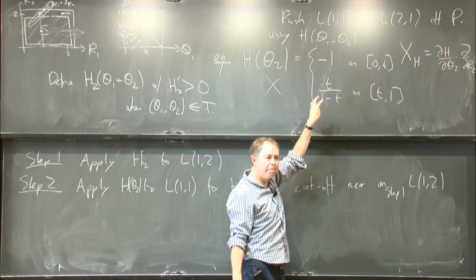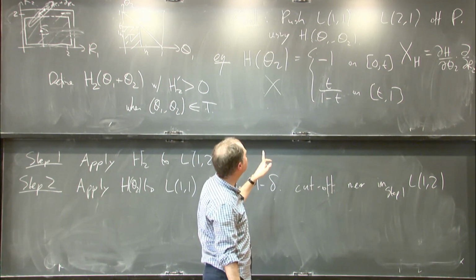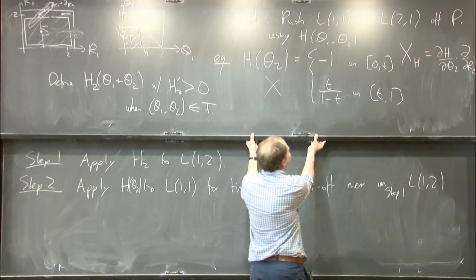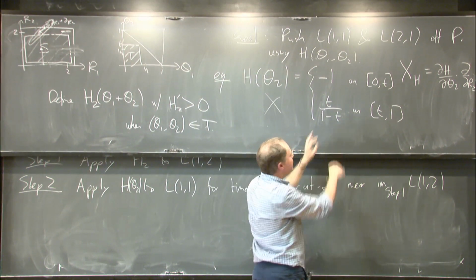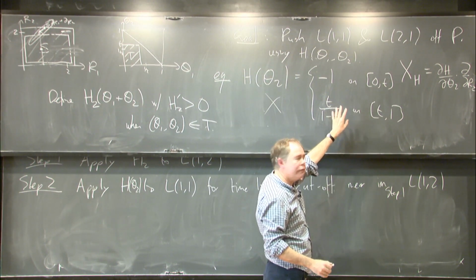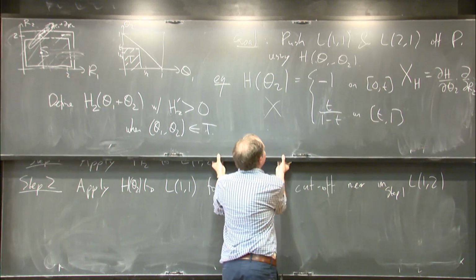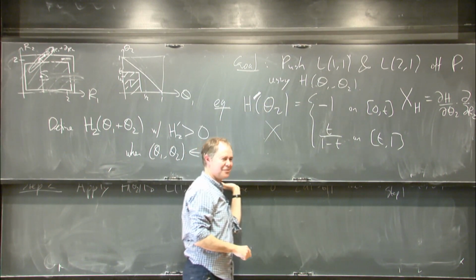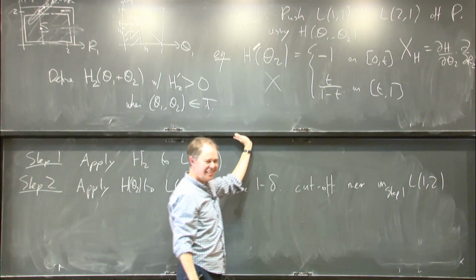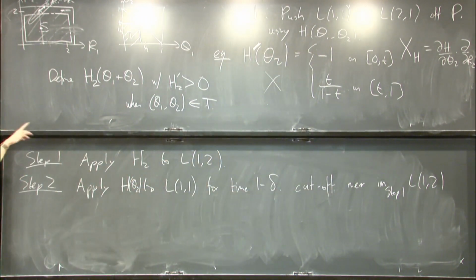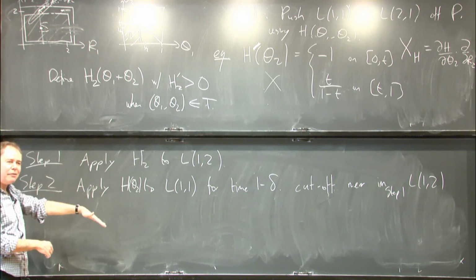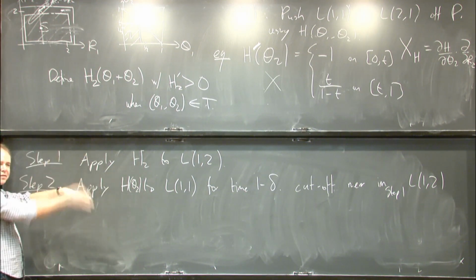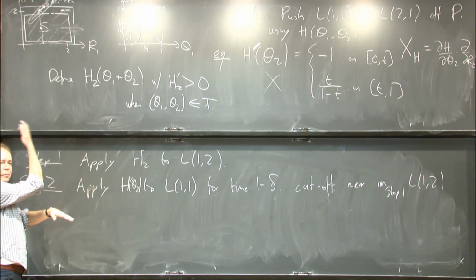So is that t or is that θ2? Good point. No, it's t. It's a constant, because this is the derivative. Sorry, this is the derivative. That's what I mean. So on t, the thing's moving down, and if the θ2 coordinate is bigger than t, then it's going up.